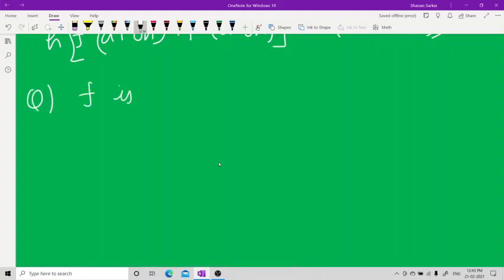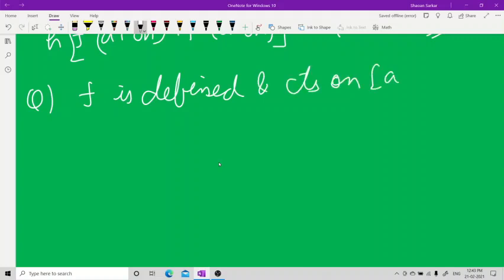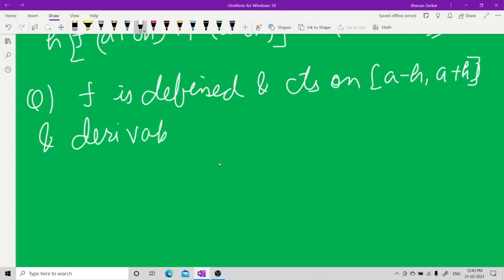f is defined and continuous on the closed interval a minus h to a plus h, and derivable on the open interval a minus h to a plus h.